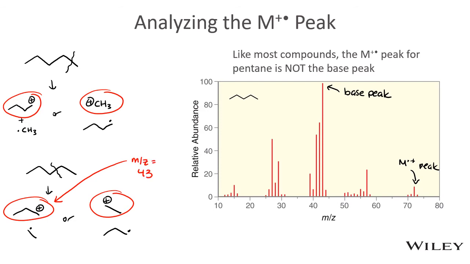And this corresponds to the mass of the base peak, which is also at 43. So this fragment here is the fragment that occurs most readily with this particular molecule and is therefore the most abundant in the mass spectrum. So this is equal to our base peak fragment. Again, we'll talk about the why of this in just a couple of slides.